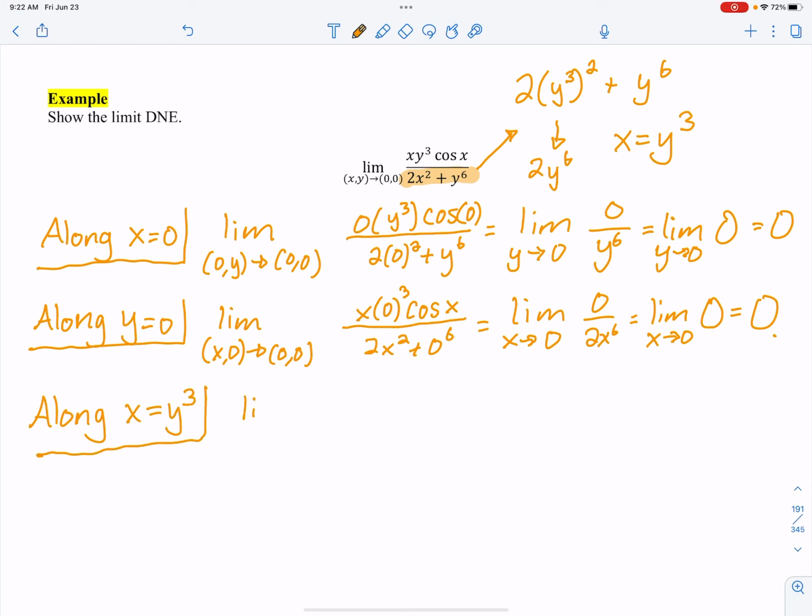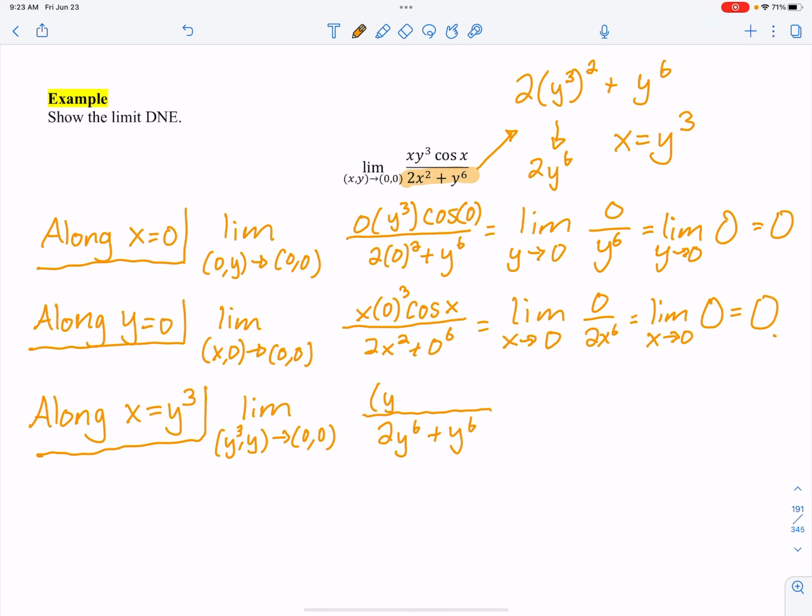All right, let's do that. Okay, replacing that first x. Well, this one's a little weird. Let's write it down. y to the 3rd, y approaches 0, 0. All right, and then we go through and we'll do all the replacing. Okay, so I do get 2 y to the 6th plus y to the 6th on bottom, and I'm hoping up top is probably going to give me a y to the 6th as well.